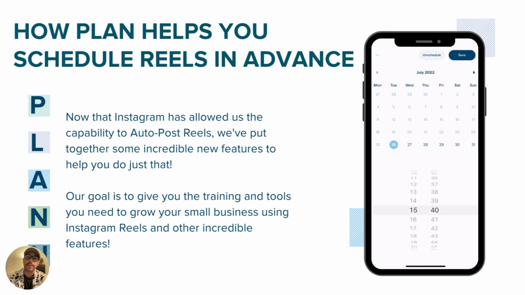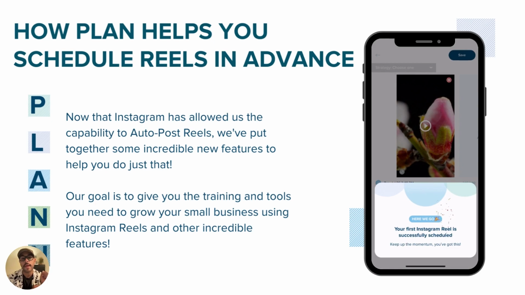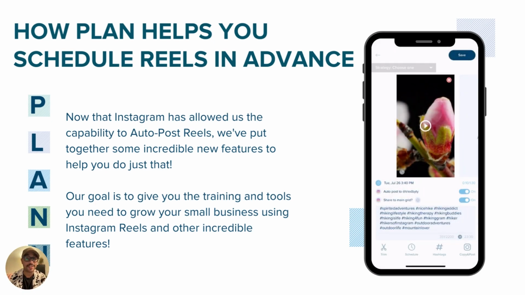Now I'm going to go in and choose a perfect time that I know my audience is going to be online. And then you'll get this little notification that says, hey, you've now successfully scheduled your first reel. But a couple of things to notice is that you will need to make sure that it's toggled to auto post. So if you have a connected Instagram account, you'll need to make sure that it's toggled up here.